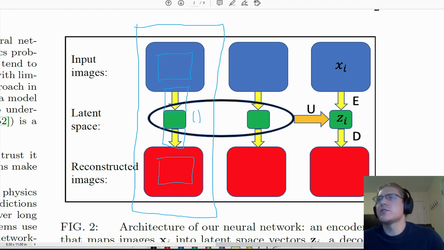What is special about this? Well, we're looking for a very specific latent space. We're looking for a latent space that is well suited to describing the laws of motion.